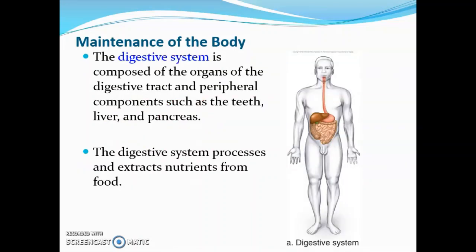The digestive system includes structures like the mouth, pharynx, throat, esophagus, stomach, small intestine, large intestine, rectum, and anus. The main function of the digestive system is to process and extract nutrients from the food that you have ingested.